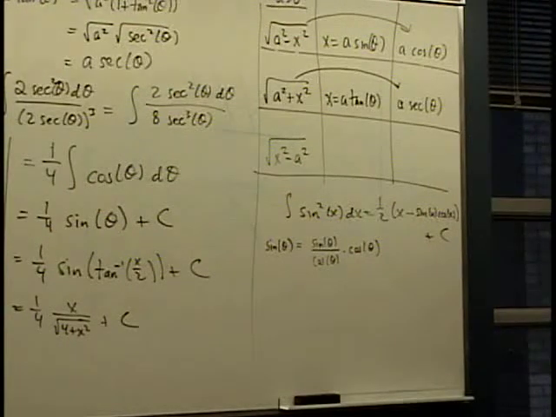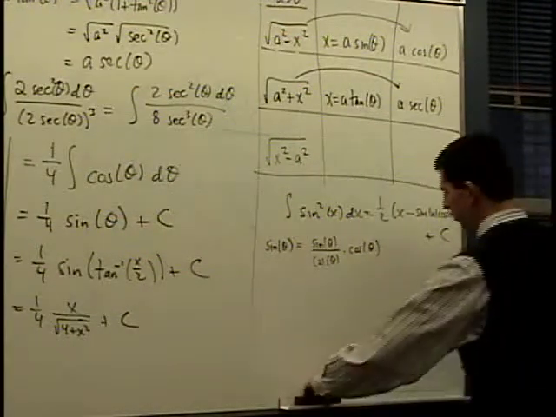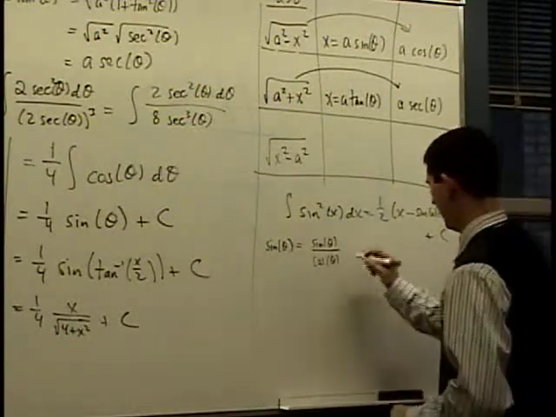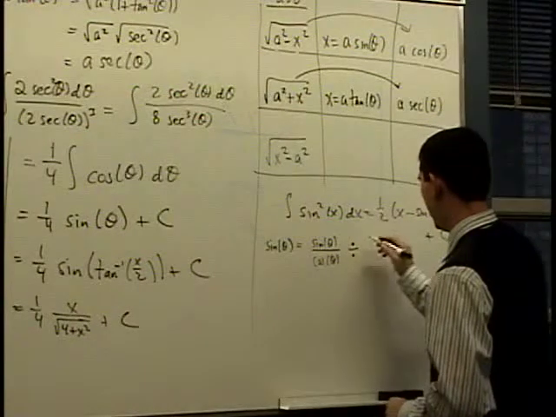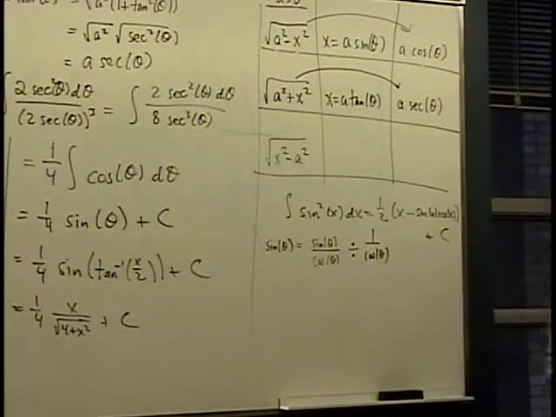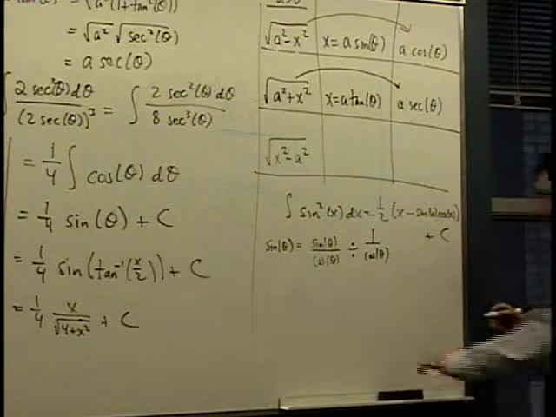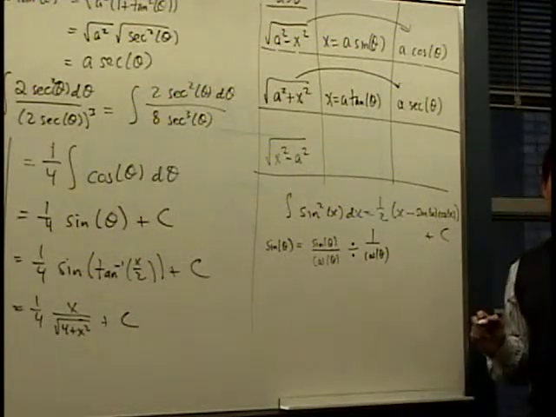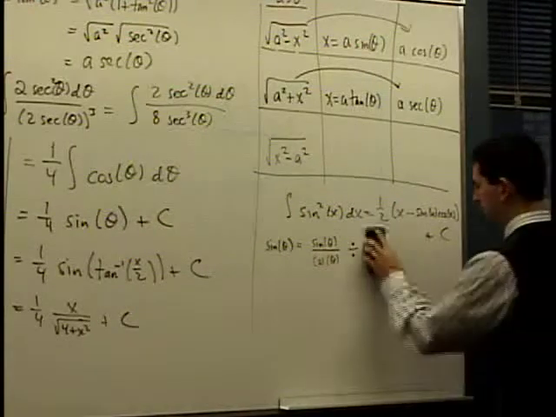Agreed? Multiplying by cosine of theta is the same, however, as dividing by 1 over cosine of theta. Which is the same as dividing by, well, what's 1 over cosine of theta? Secant.